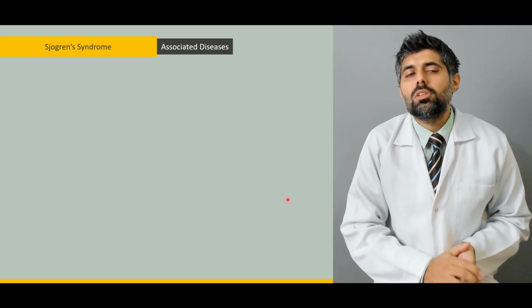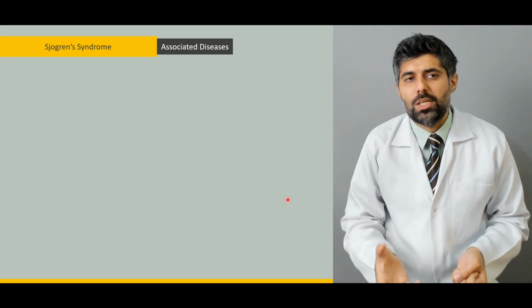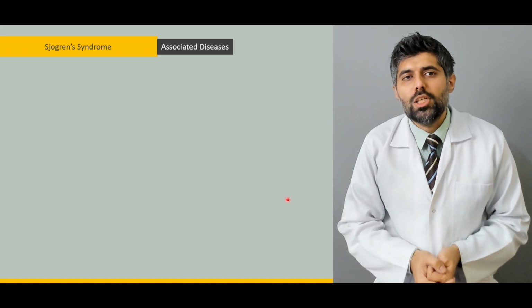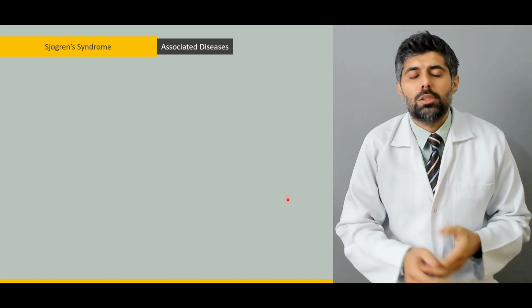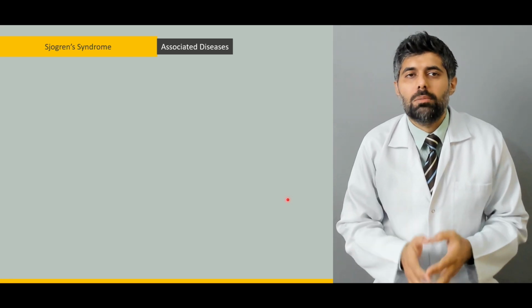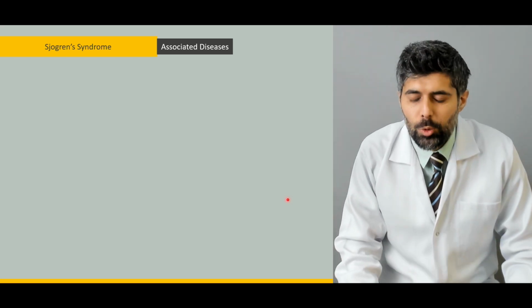So if we study their epidemiology, the primary Sjogren is about 2/3 of all patients, and secondary Sjogren is about 1/3 of all patients inflicted with this autoimmune disorder.